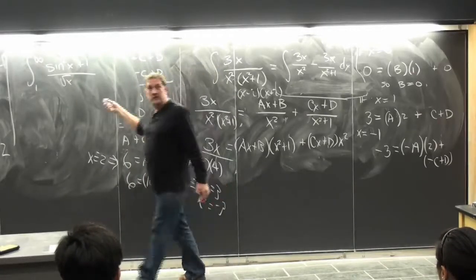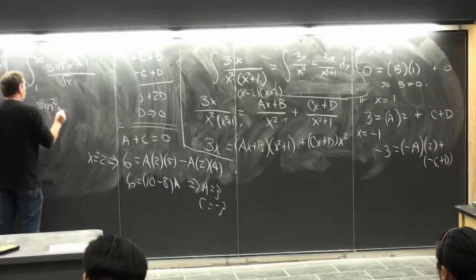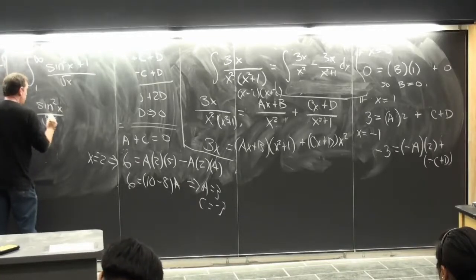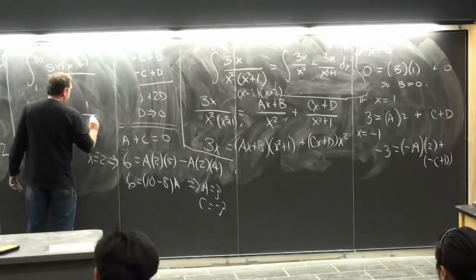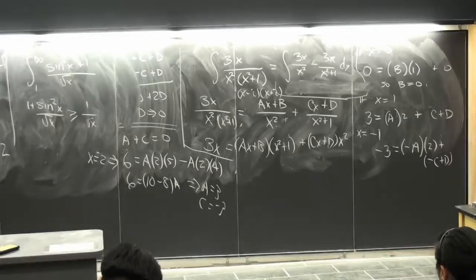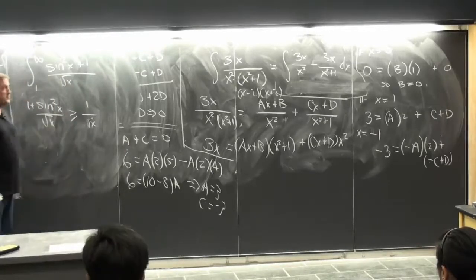Now this is always bigger than 1 over square root x. Square root x diverges, and since this is bigger, this diverges too.